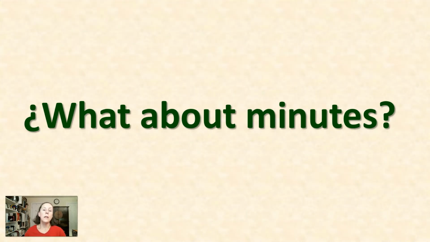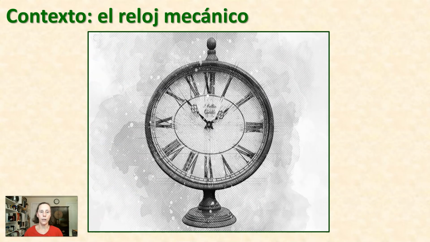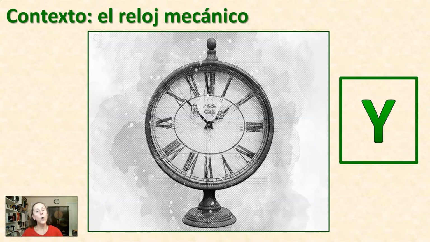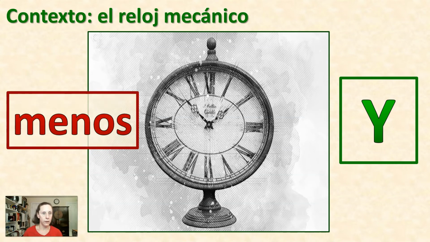All right. In order to talk about the minutes in Spanish, we do have to keep in mind the old style of clock, which is what was used back in the day. All right. So, because of this, we have two ways of talking about the minutes depending on the location of the minute hand. So we will either be saying y, or we will be saying menos, and we will get into that.